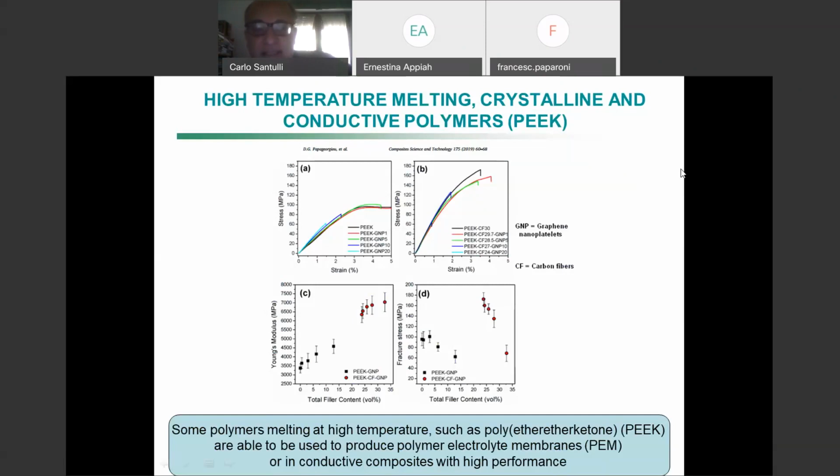You don't see that big elongation. You can see that the strain is very limited.